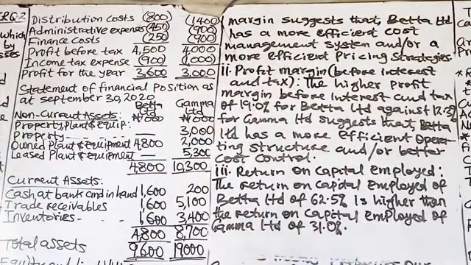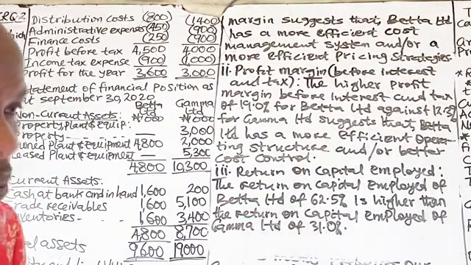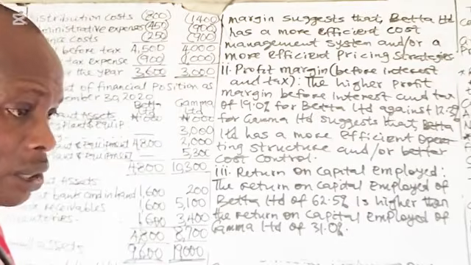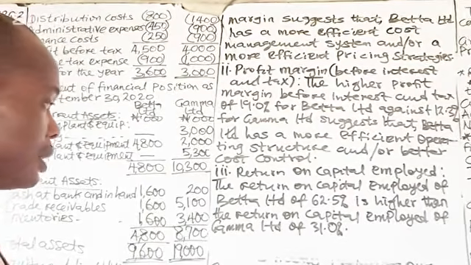So what does this suggest? The difference in ROCE suggests that Beta Limited is more efficient in using its capital to generate profit.